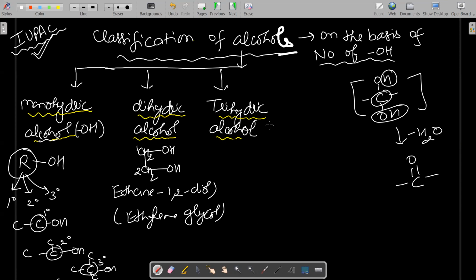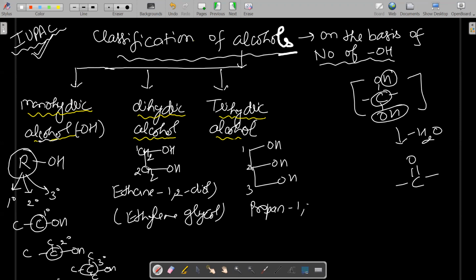Now, what do you mean by trihydric alcohol? This is very clear: when three alcoholic groups are present like this, OH, OH, and OH, on the first carbon, second carbon, third carbon, or we can say CH2, CH, CH2. What is the IUPAC name of this compound?